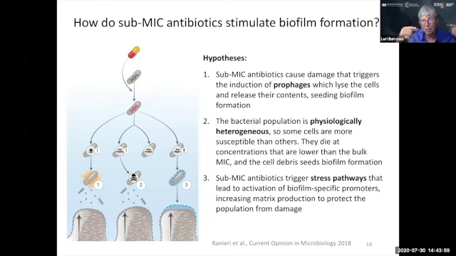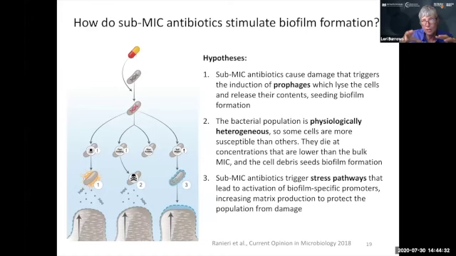However, they have mechanisms to sense when their host is damaged. So if the ship starts to sink, these guys are out of there. They come out of the genome and lyse the cells and try to find a new host. It's been shown that antibiotics can induce prophages. When they do this, you can imagine that the debris they release when they lyse their host can seed biofilm formation.